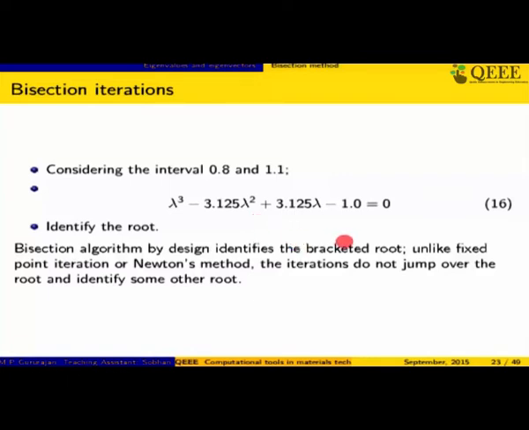So by design it identifies the bracketed root. Unlike fixed point iteration, these iterations do not jump over the root and identify some other root.